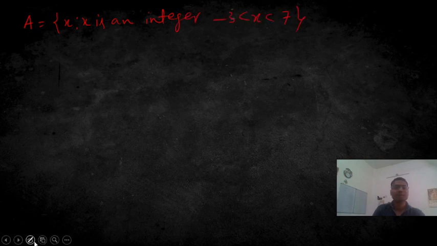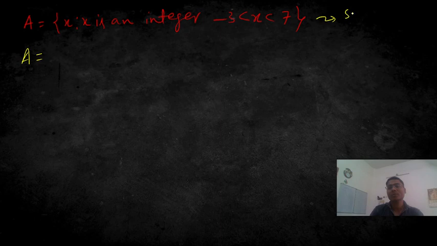A is equal to x such that x is an integer, minus 3 less than x less than 7. This form is a set builder form, and we will have to convert it into roster form.